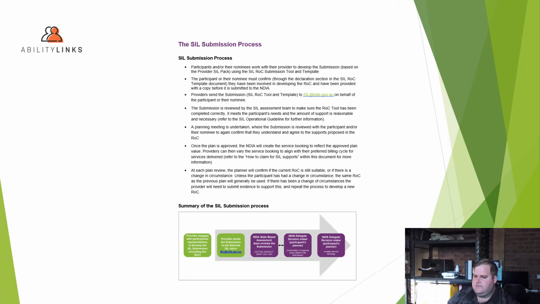Then if there are any issues, they'll send it back to the provider to fix things up. So don't worry if things get messed up a little bit the first time round. You'll get an opportunity to fix it. Once the SIL team has checked the submission and they're happy that there are no errors, they'll pass that on to the planner, which allows us to then discuss SIL at the planning meeting and fight for the reasonable and necessary supports in the participant's plan.